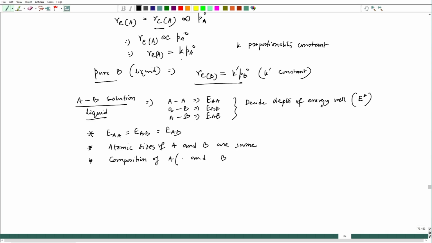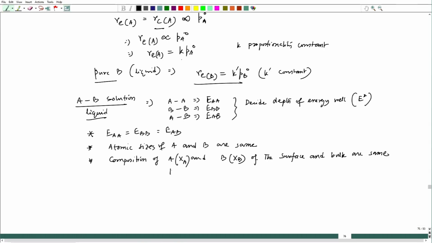It will be decided by X_A and X_B, and the composition of the surface and bulk are the same. So, the number of A atoms on the surface or B atoms on the surface would be the same as in the bulk of the system, and we know that from the surface only an A atom or B atom can join the vapor phase.